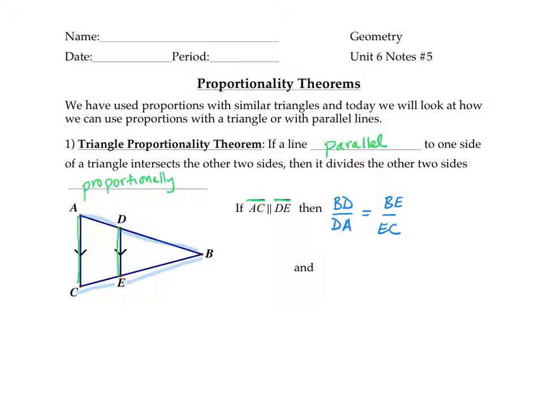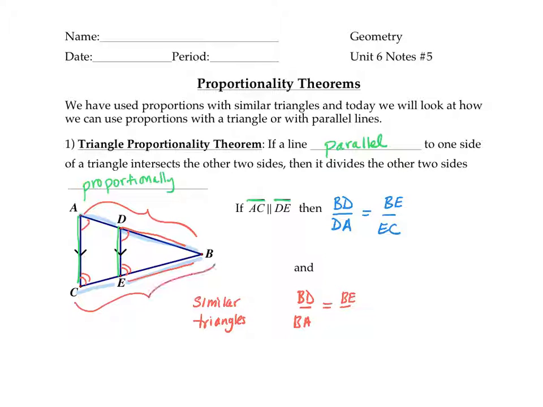And because we have similar triangles here, due to the fact that we've got parallel lines, we have corresponding angles that are congruent. So we could also say, by the fact that we have similar triangles, we can compare line segment BD in this smaller triangle to line segment BA in the big triangle, and that would be equal to BE, this segment.